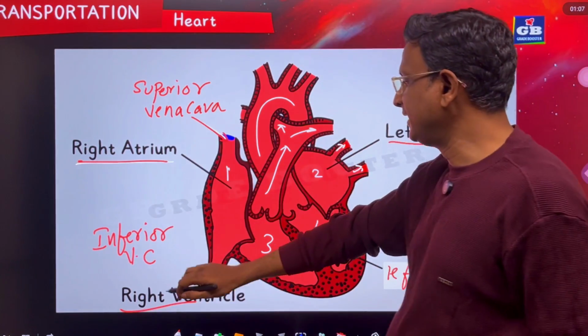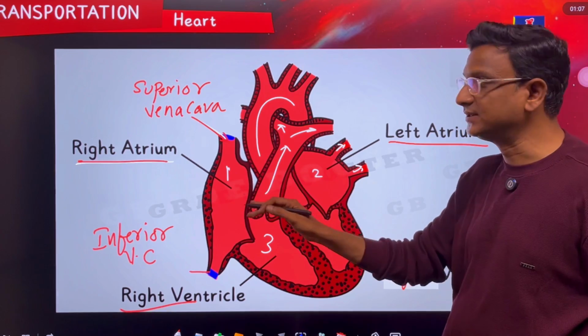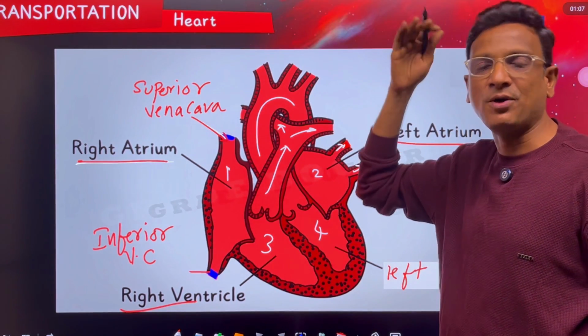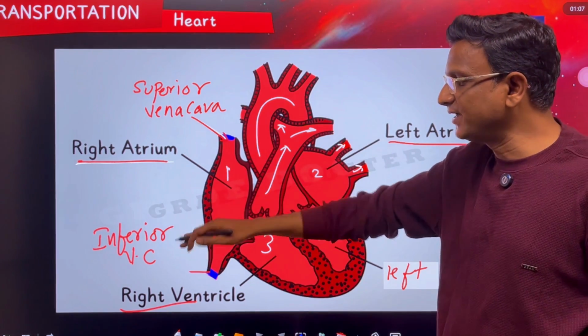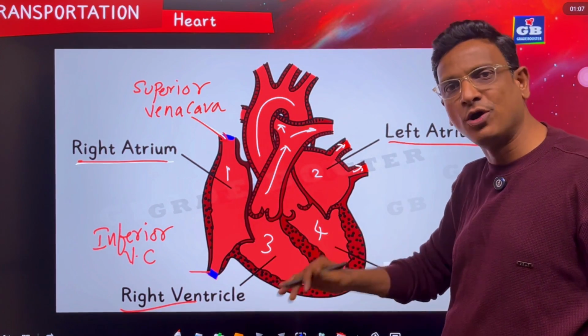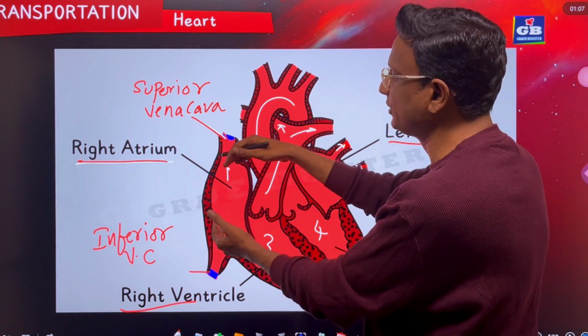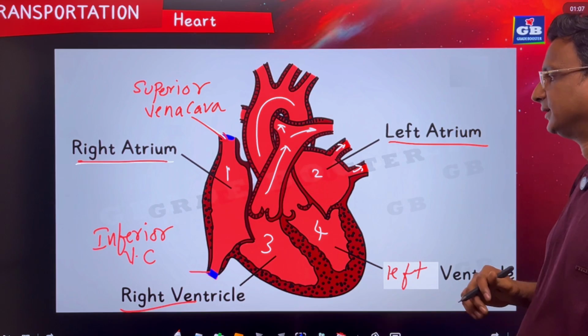The superior vena cava and inferior vena cava bring deoxygenated blood from body parts. The superior vena cava brings the blood from the upper parts of the body like the head. The inferior vena cava brings blood from the lower parts of the body, right? So the deoxygenated blood is brought into the right atrium.